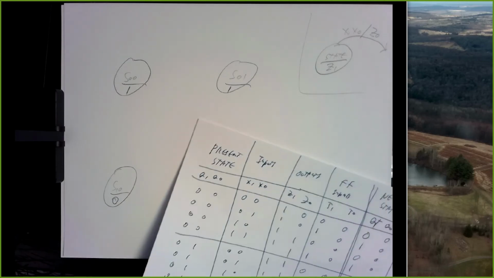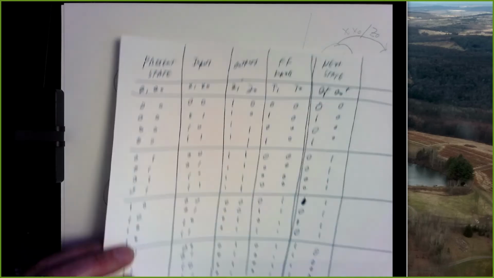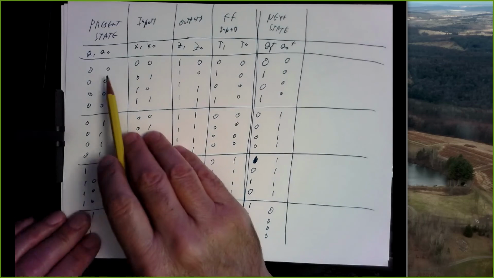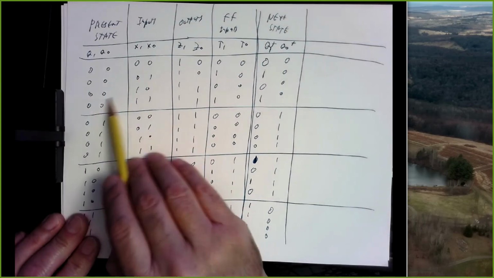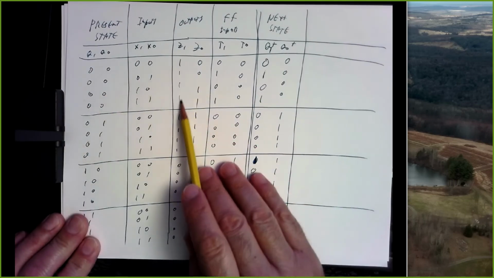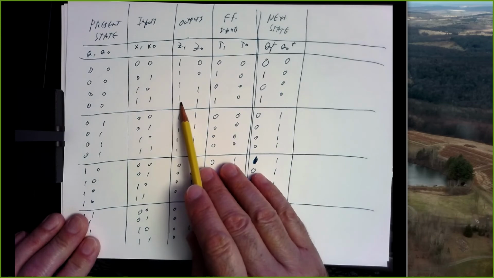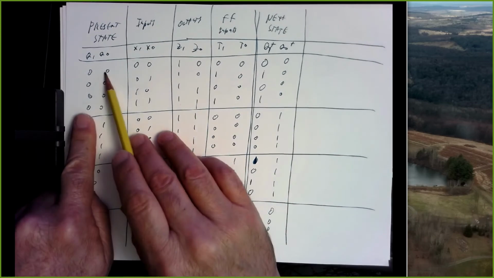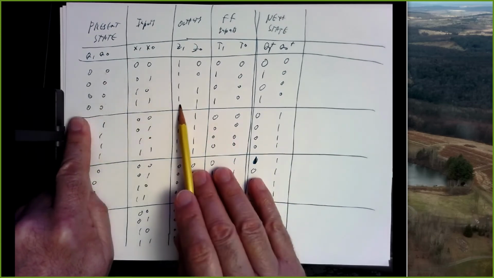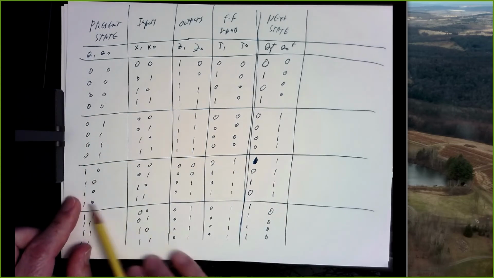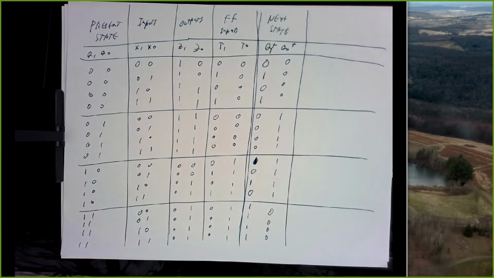And we can confirm that these outputs really are a Moore output because, in all of the conditions where this is the current state, this output has the same value. When we're in this state 0, 0, the output's always a 1. When we're in this state 1, 0, the output's always a 0. That confirms that this is a Moore output. It depends only on the state.